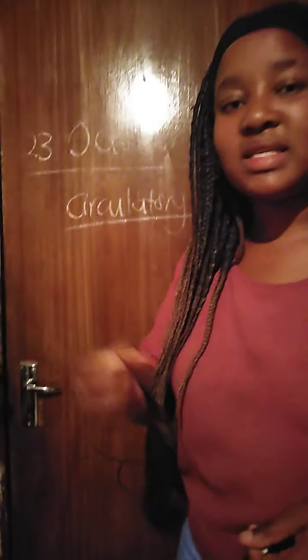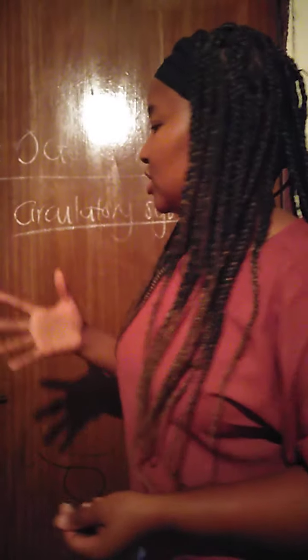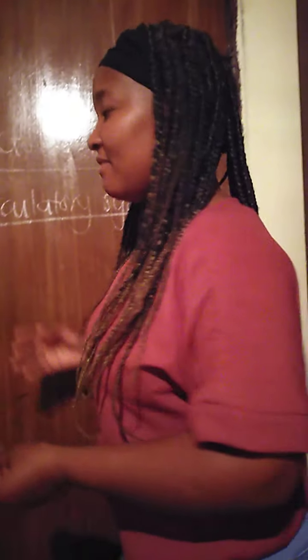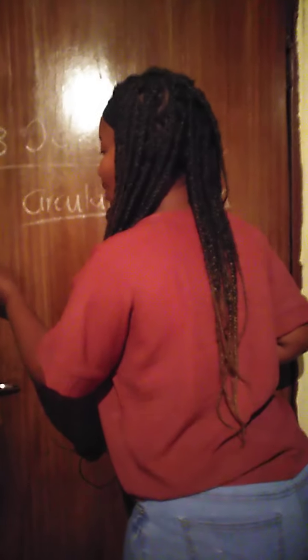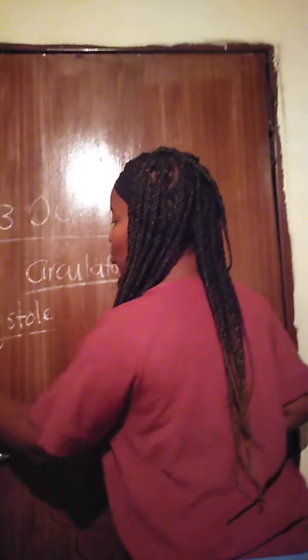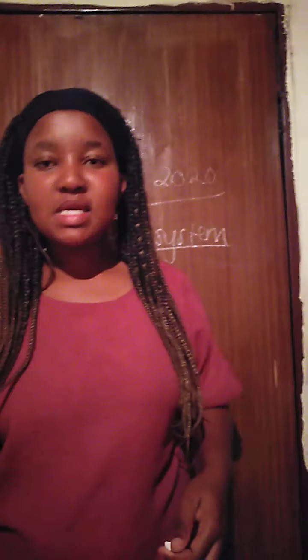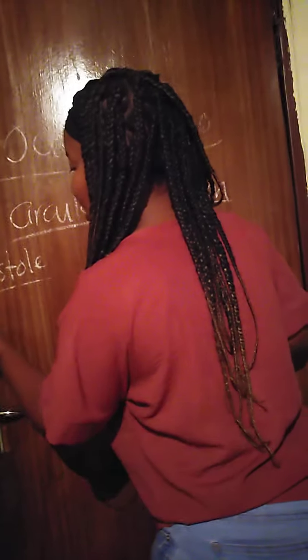So during the blood circulation, there are a few things that we need to understand. We need to understand the routine. We have what? We have the systole. What do we mean by the systole? Systole is whereby there are contractions.